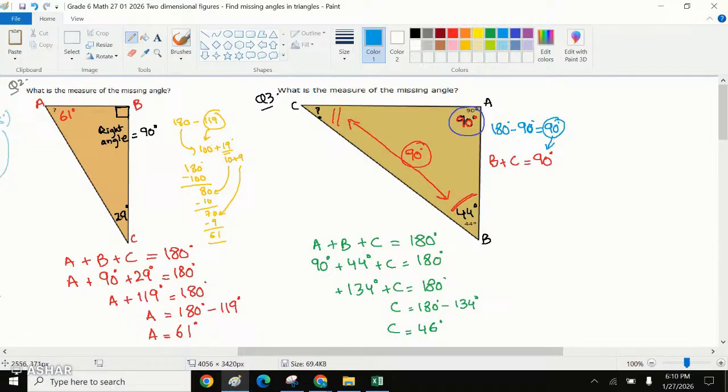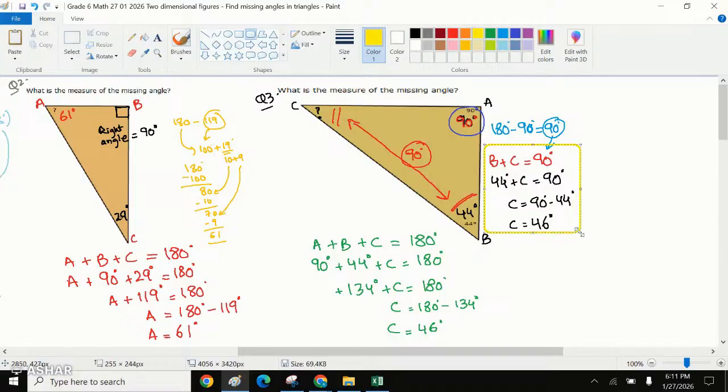Do we have the value for B? B was 44. We need to find C. The sum of the two angles was 90. Can we say C is 90 minus 44 and C comes out to be 46. This is the alternate working that we can do as well.